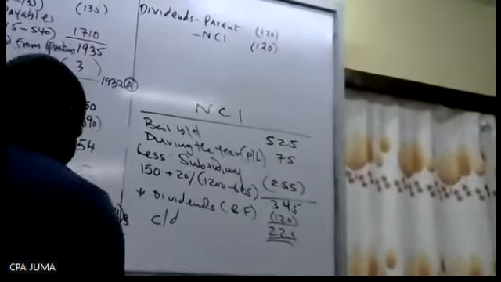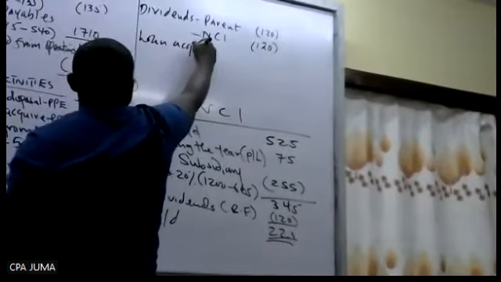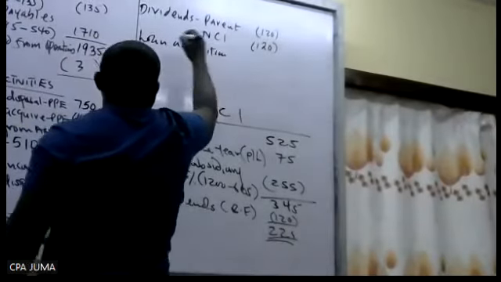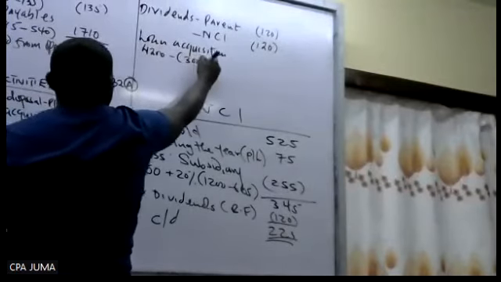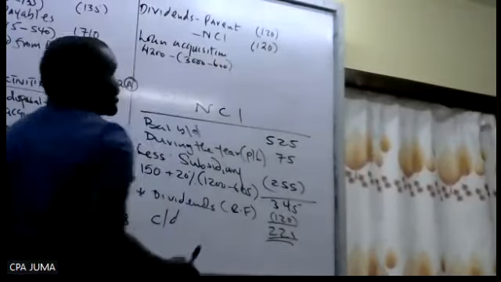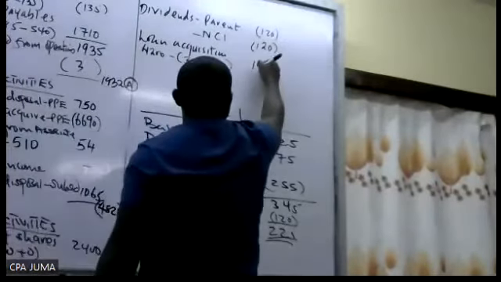So loan acquisition. 42 minus 3 minus 6. How much? 18. We add with less.